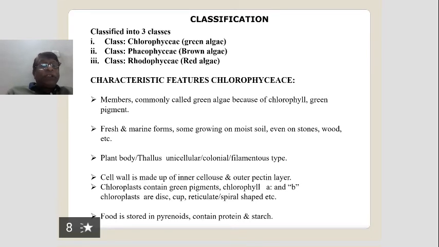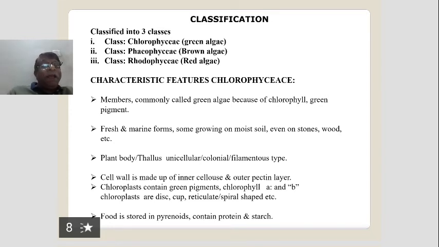Spiral-shaped chloroplast is found in Spirogyra. Hence the name Spirogyra. Why have we given the name Spirogyra? Because of the spiral-shaped chloroplast.